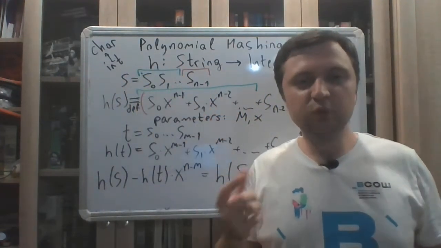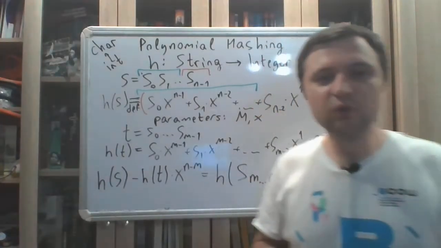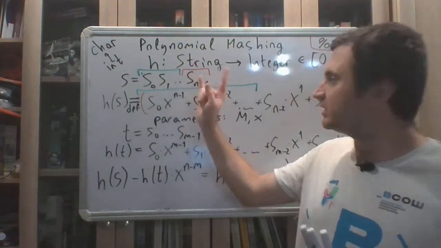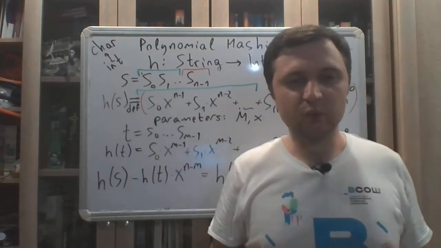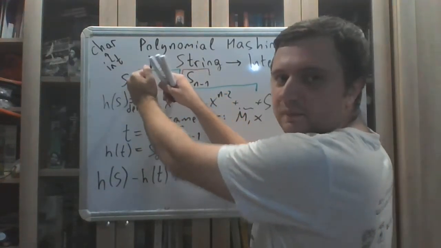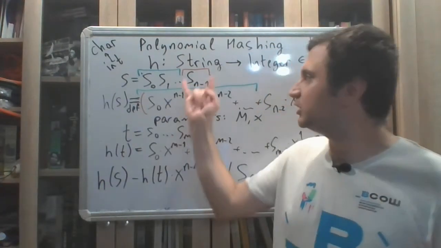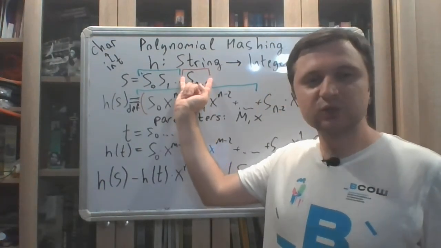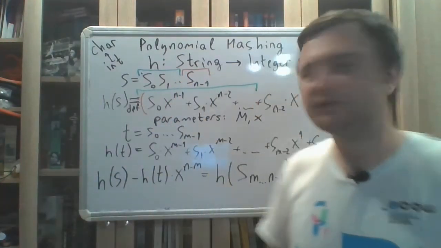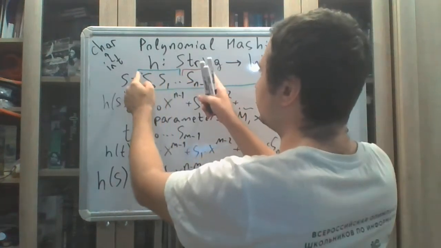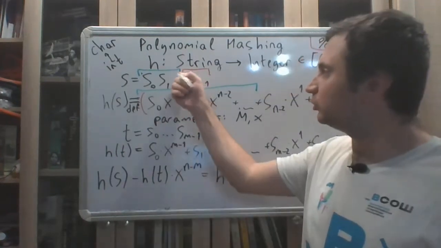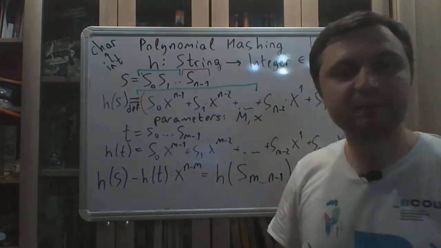So if you want, here is the main part. If you want to calculate the hash value of some string, the red string, you need to know the hash function of the entire string and of this prefix. So the hash function of each suffix of s is wonderfully represented by the hash function of the entire s and the prefix of s. And what about not only a suffix of s, but any substring of s?